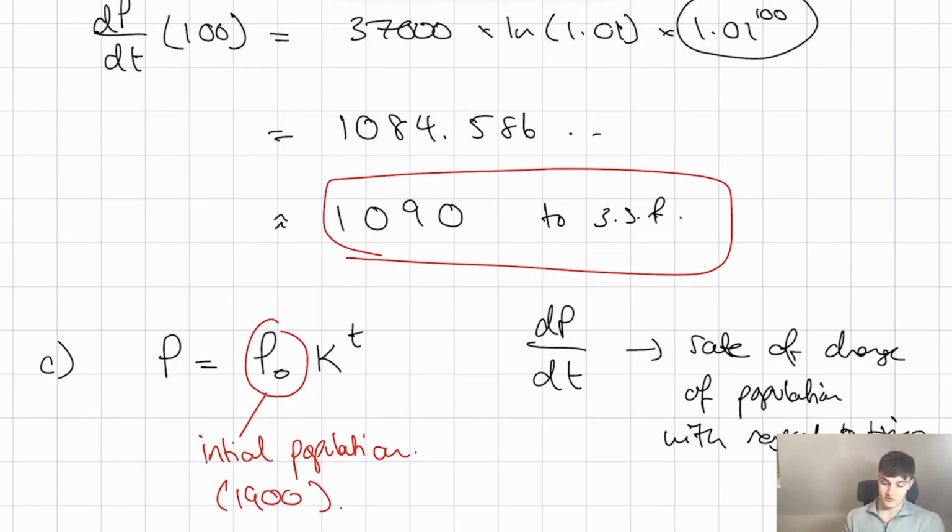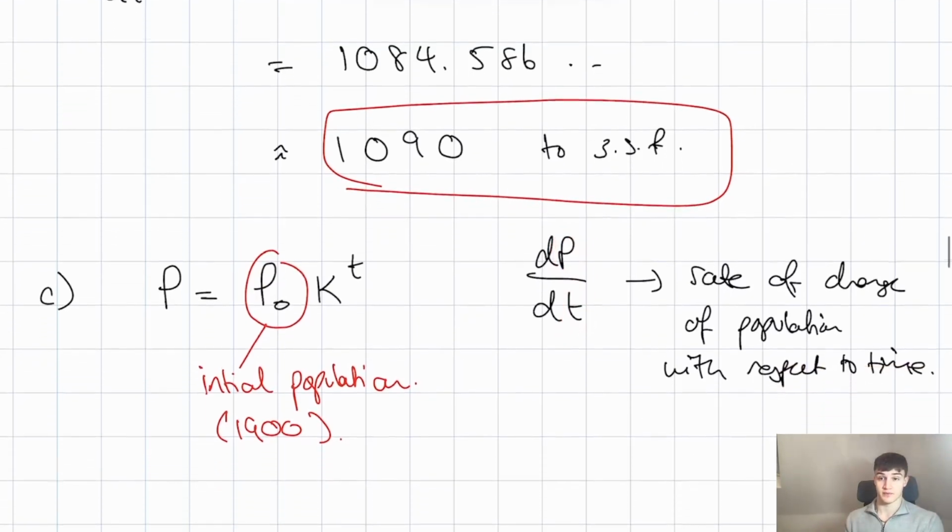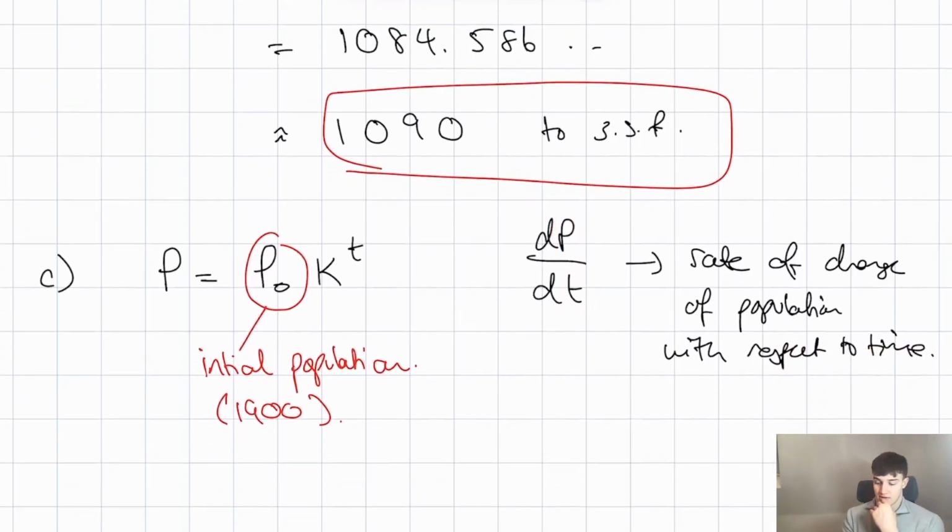It's telling us the rate of change of this variable with respect to this variable. So we've just worked out that it's 1090, so it means that at that point in time, i.e. 100 years, the population is changing by 1090. That's how quickly we're increasing it.